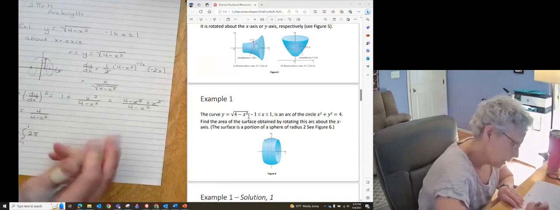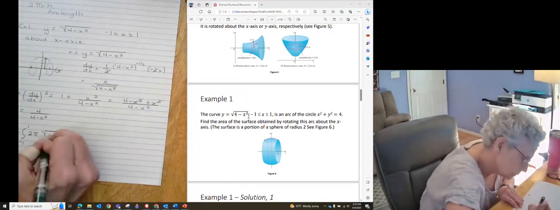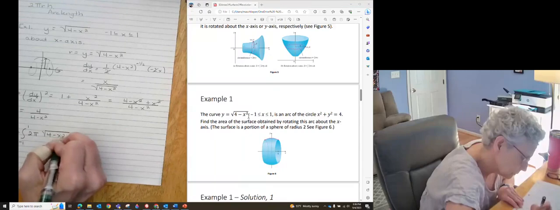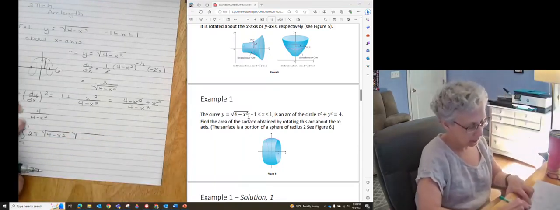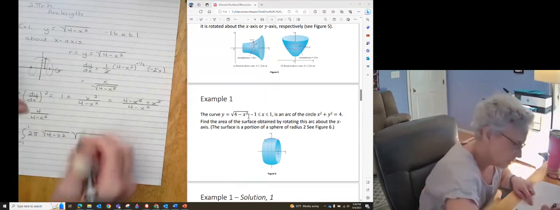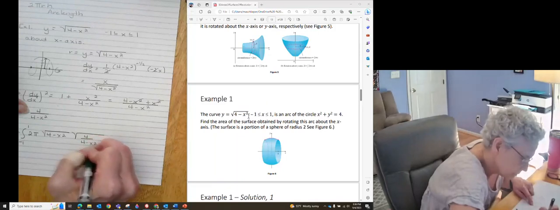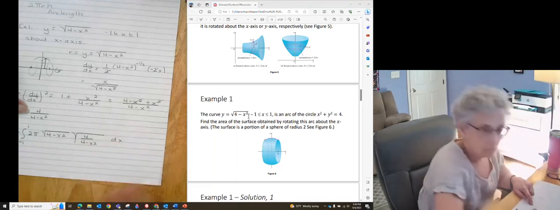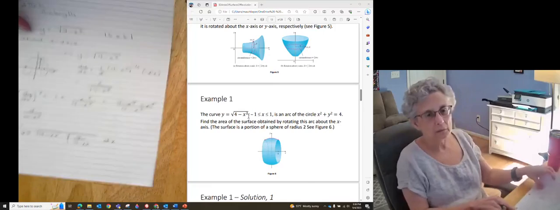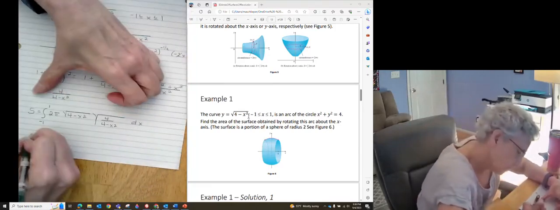2 pi times the radius times the arc length part, which is, oh wow, I could bring everything under one radical here.